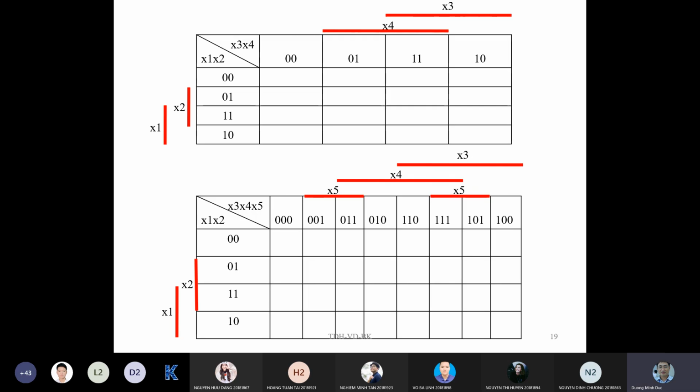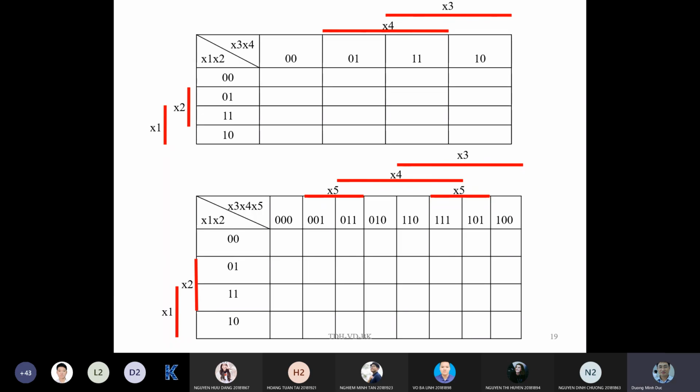If the rule cannot be kept, then using the Karnaugh map will give us the wrong value, the wrong result.